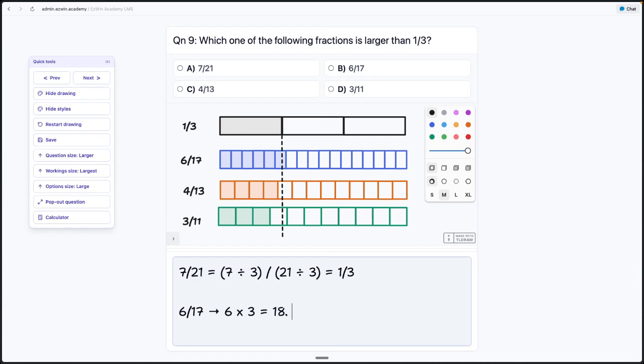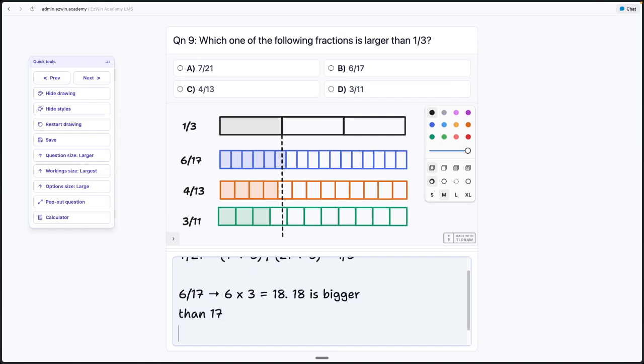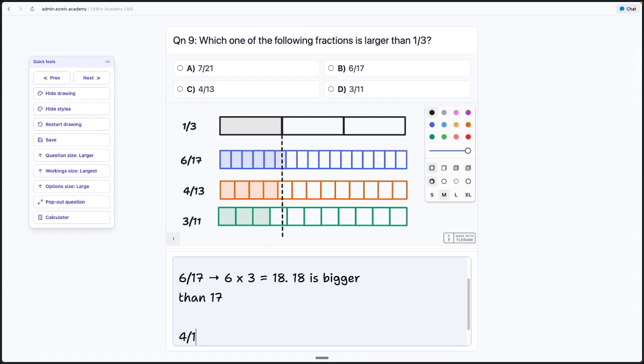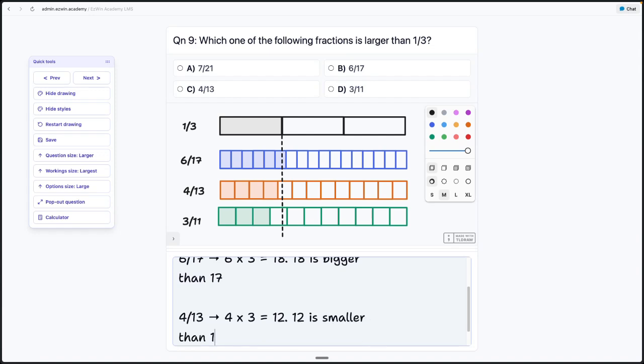And in this case, 18 is bigger than 17. So let's do the same with the rest. We have 4 out of 13, which we also multiply by 3. So 4 times 3 is 12. If we compare this to 13, 12 is smaller than 13.